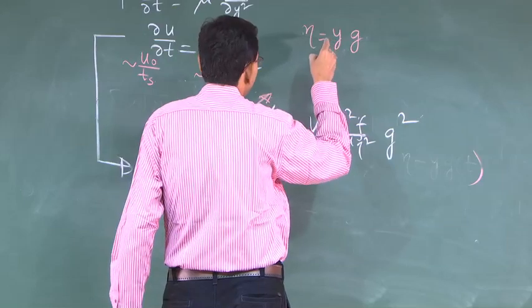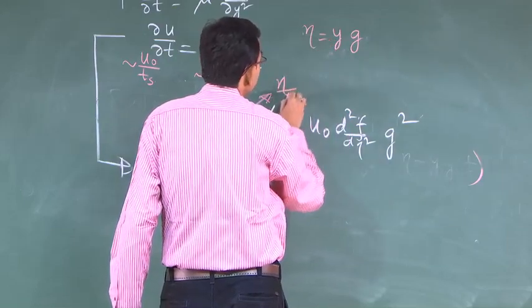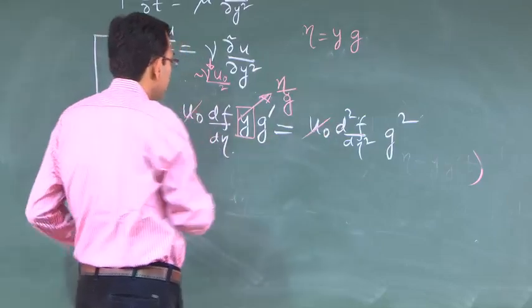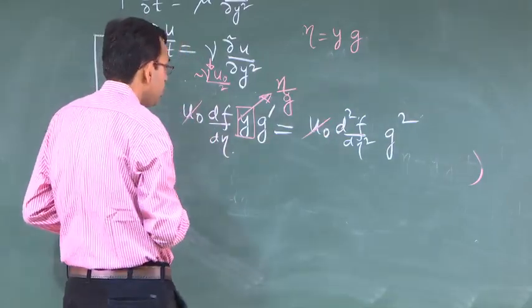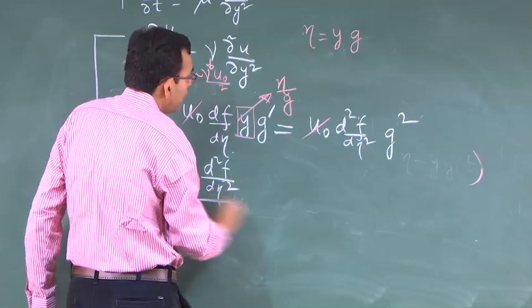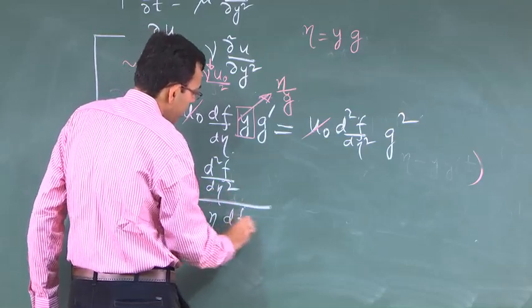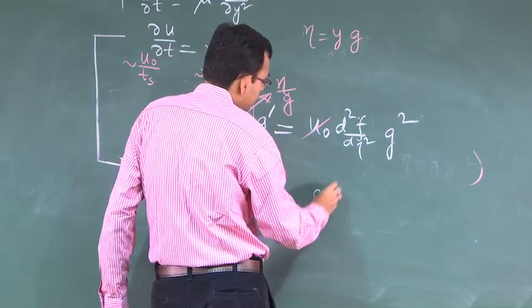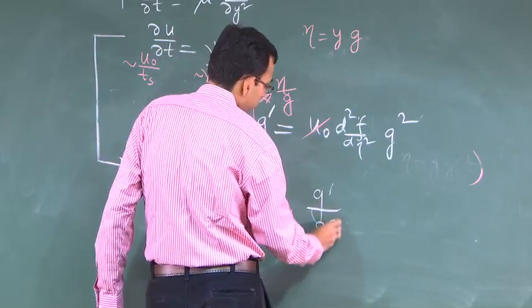So, in place of y you can write eta by g. So, u0 gets cancelled. So, you have d2f d eta 2 by eta df d eta is equal to g dash by g cube.